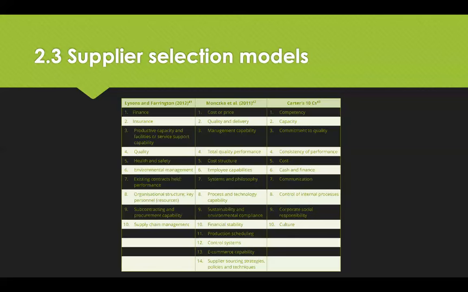In terms of control of its internal processes, can they manage and control key processes like the 5 rights? Corporate social responsibility, is the organisation compliant with good ethical and legal practice, or are they kind to the environment? And finally, culture. Does the organisation share the values of the buyer?